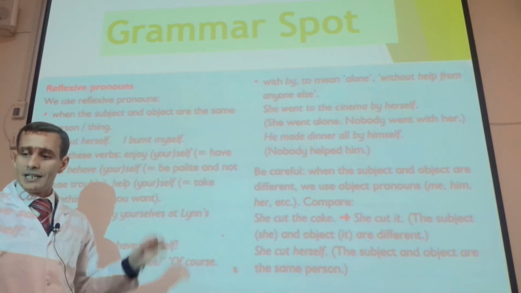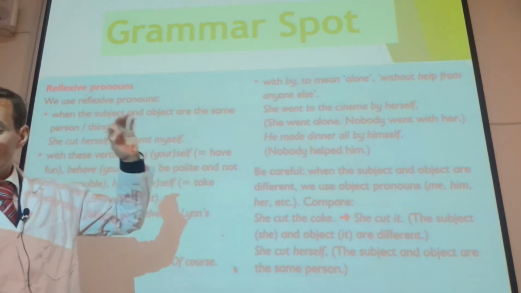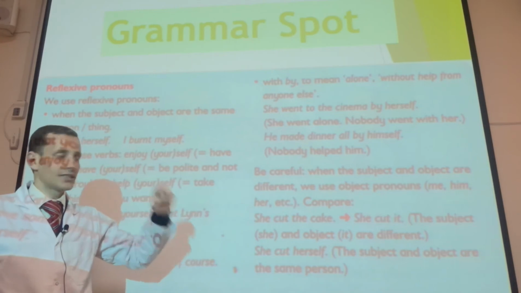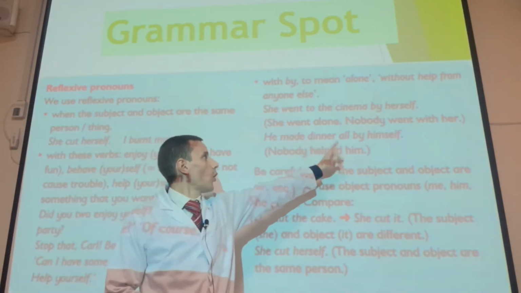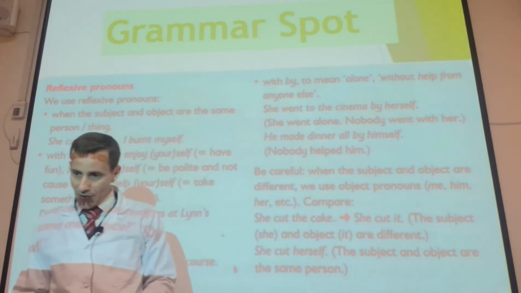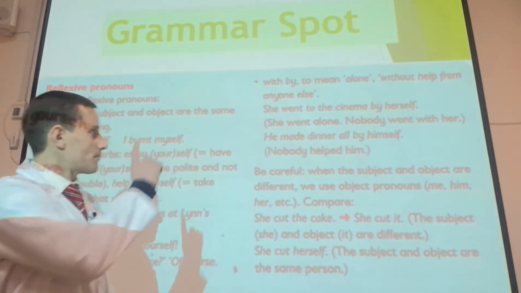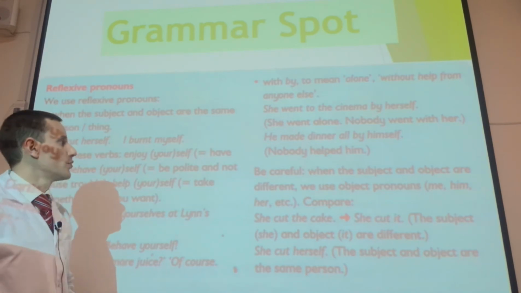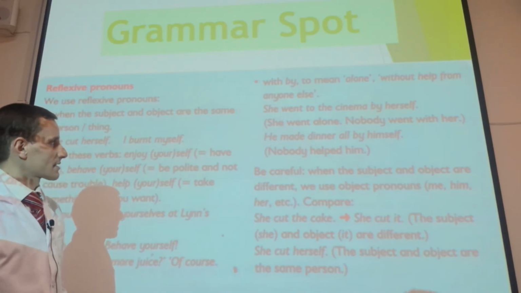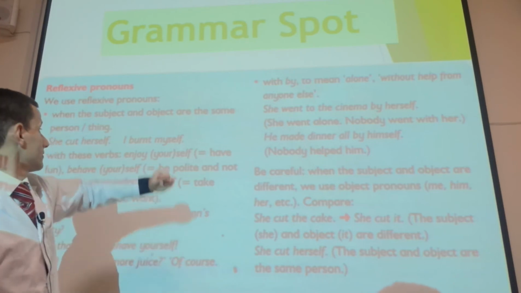What does it mean? Here we can clearly understand that nobody went with her to the cinema. He made dinner all by himself. The same thing. It means that this person made dinner with no help from anyone. That's correct.